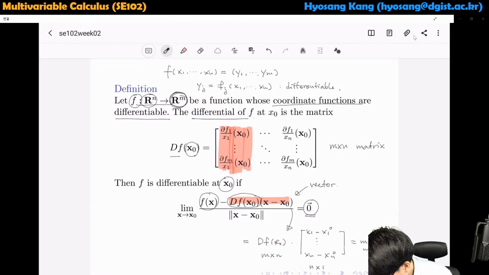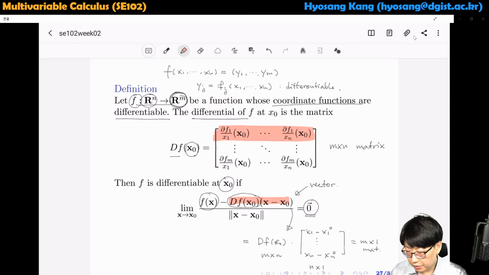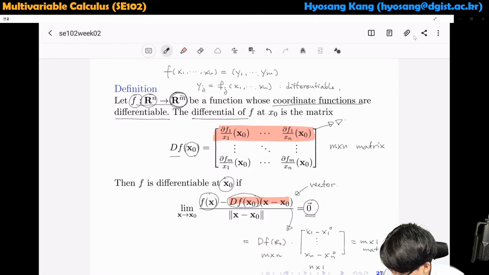Oh, sorry. I have to take the row vectors here. Sorry. Yeah. So when you look at the row vectors of this differential, these are nothing but the same as the gradient vector of the function f1, right? So this one is gradient of f1 at x0, and so on.